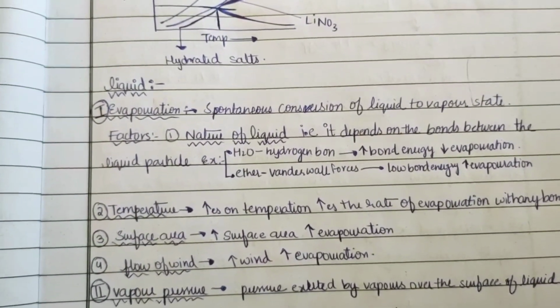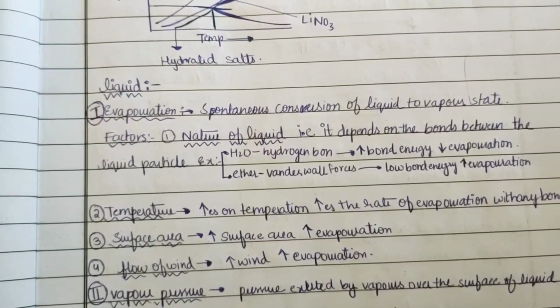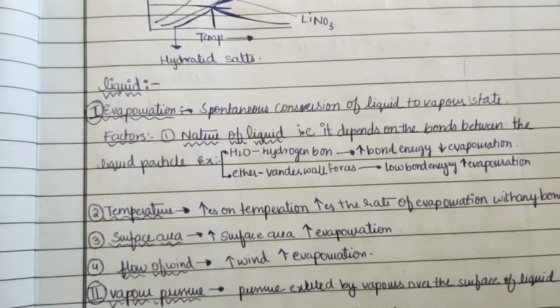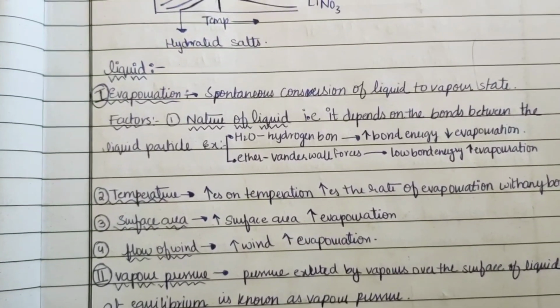Now let us move on to the topic of liquids and some characters of liquids. First is evaporation. The spontaneous conversion of liquid into vapor state is known as evaporation. Factors affecting evaporation. First is nature of liquid, that is it depends upon the bonds between the liquid particles.